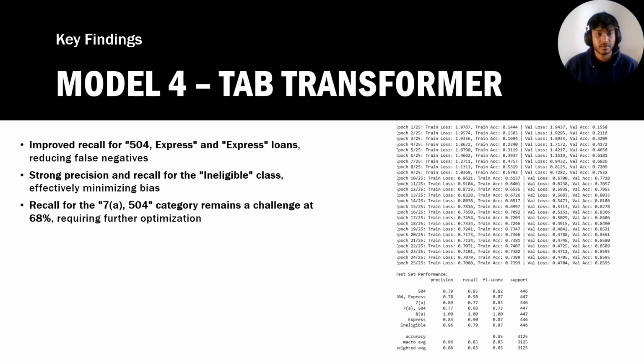In this case, we also got an improved recall for 504 express and express loans, which was done by minimizing the false negatives. And we also achieved a strong precision and recall for the ineligible class, effectively minimizing the bias.